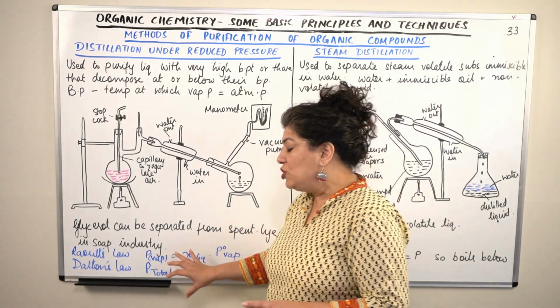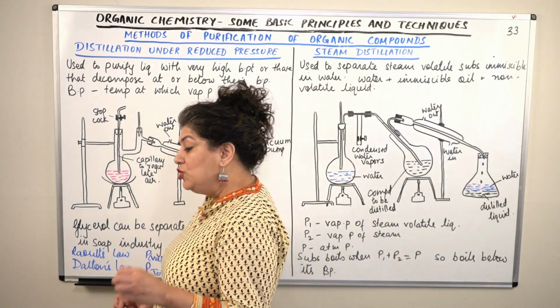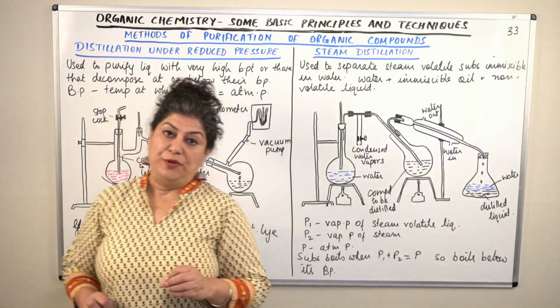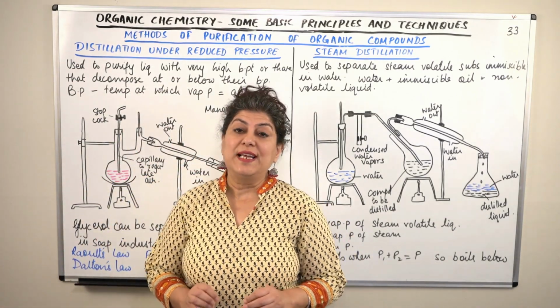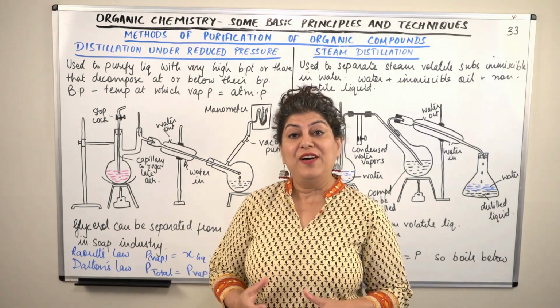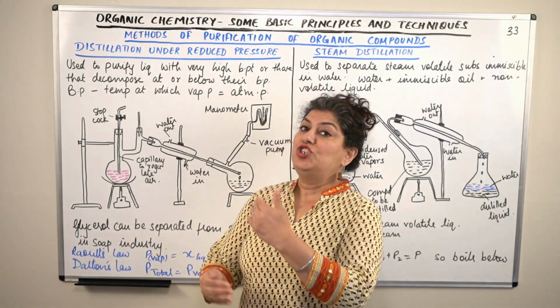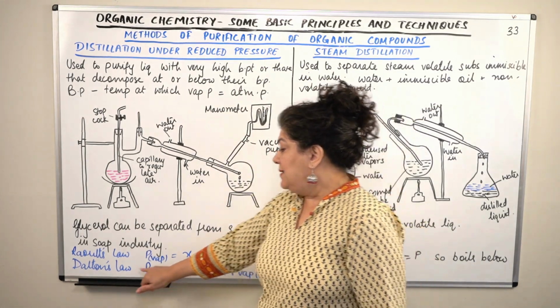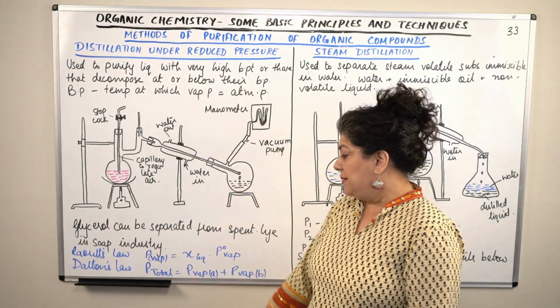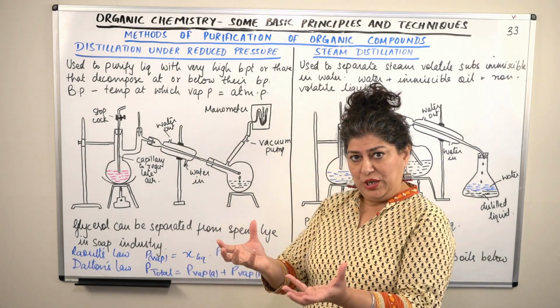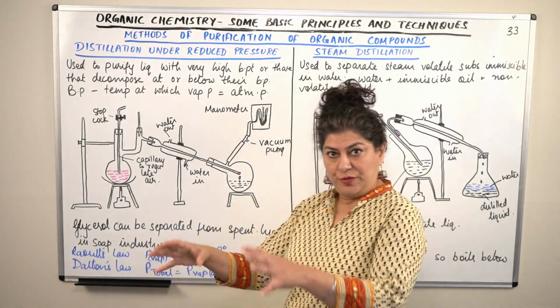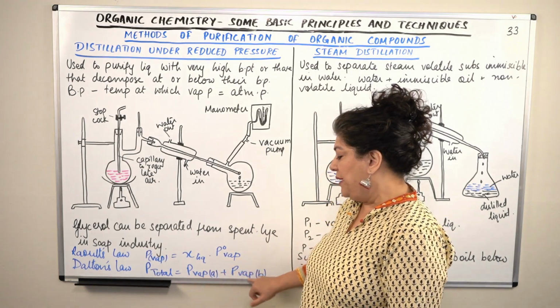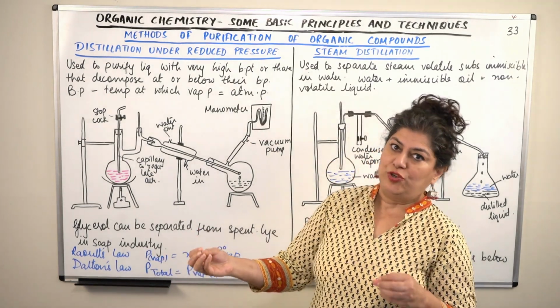Now, Raoult's law is only applicable to those distillation processes where the liquids are miscible. You should have a mixture of liquids which dissolve in each other, miscible liquids. And Dalton's law of partial pressure says that if you have two liquids, then the total pressure would be equal to the sum of the partial vapor pressures of each of the liquids.